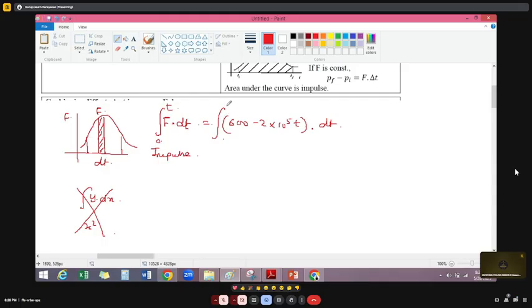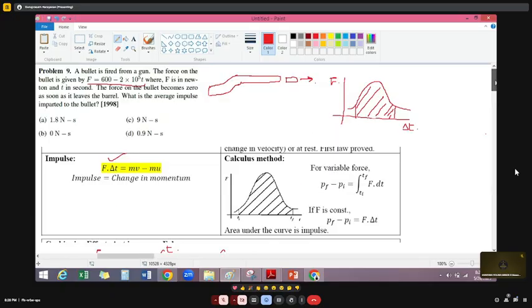How do I find the time when the bullet leaves the barrel? Well, they said that the force on the bullet becomes 0 as soon as it leaves the barrel. So that means when F is equal to 0, bullet leaves the barrel.